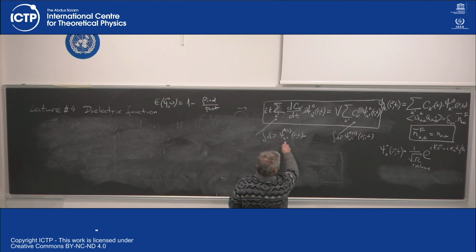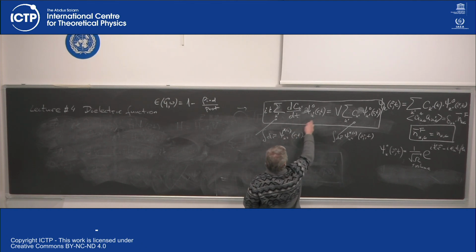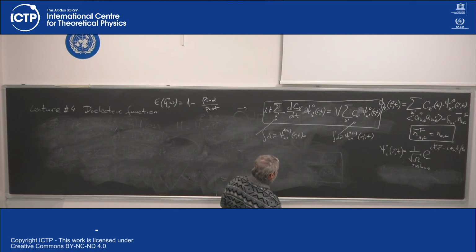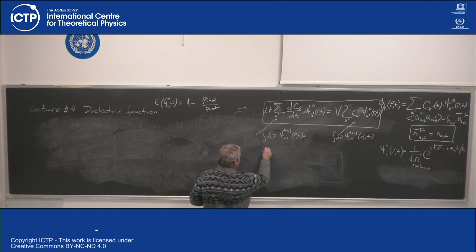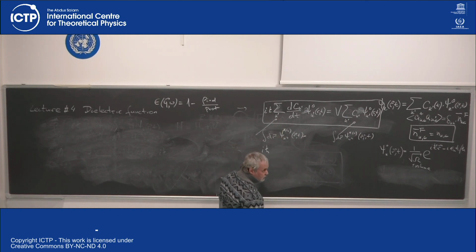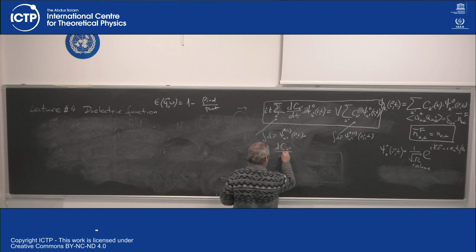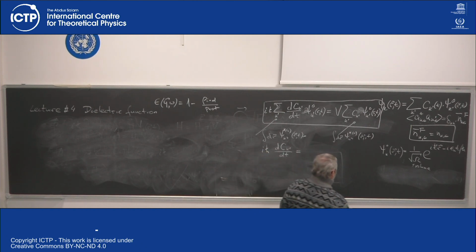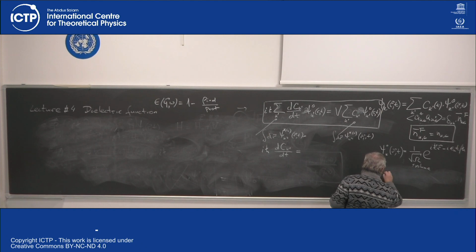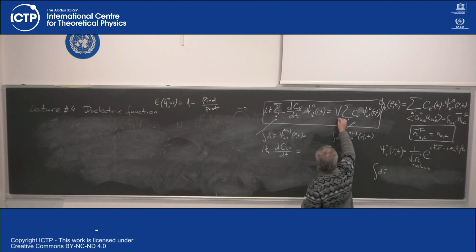Therefore, the integral over these two functions gives me a delta function of k prime, k double prime, and therefore I have i h bar, the sum over k prime is now gone, d c_k''/dt is equal to, in the right-hand side, a matrix element. I will have an integral over dr. Remember that V depends on r and t. This is my interaction.